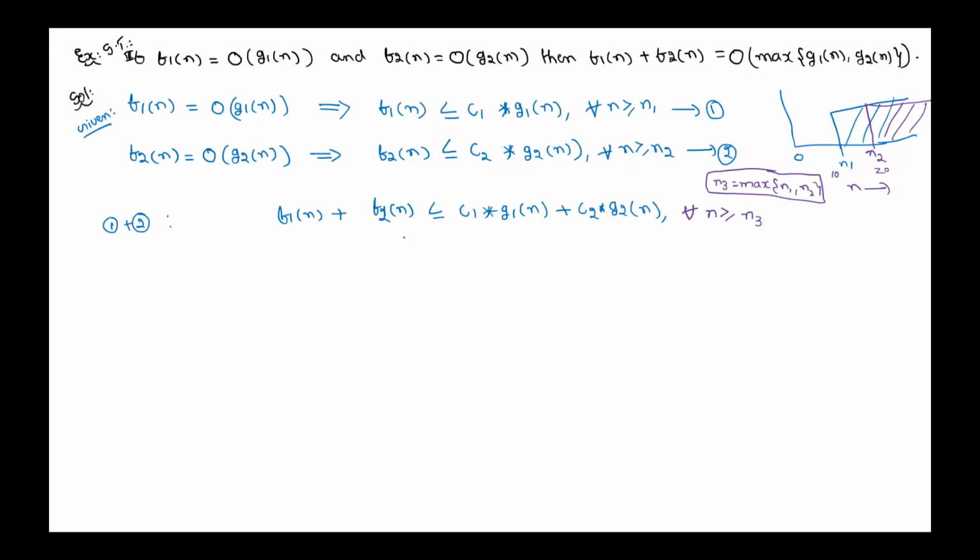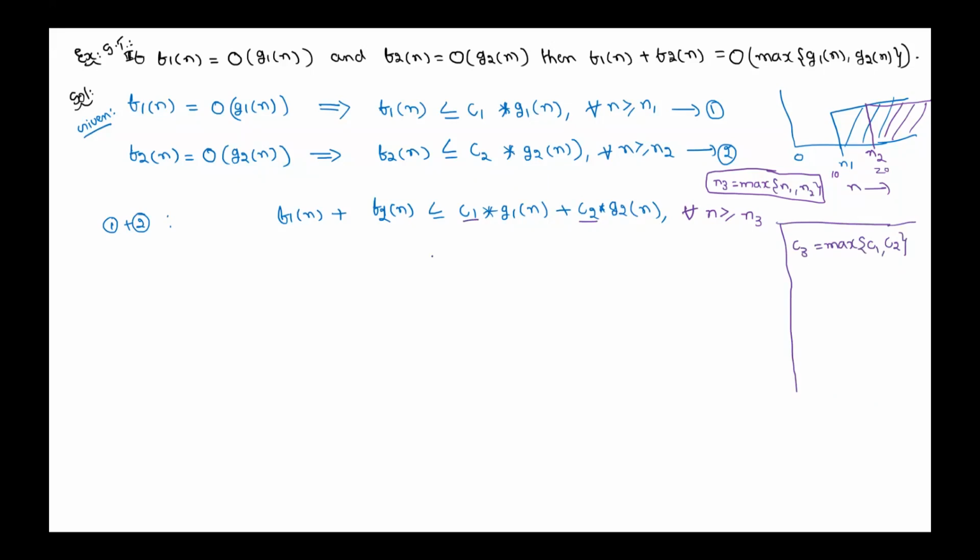Okay. Now again, c1 is a constant, c2 is also a constant. We don't know which is more, which is less. Let us take again c3 equals the maximum of c1 comma c2.